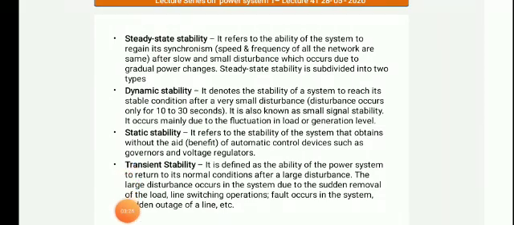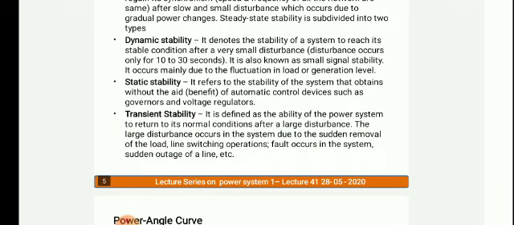Static stability is referred to that obtained without the benefit of automatic control devices such as governors or voltage regulators. The next category of stability is transient stability. It is defined as the ability of the power system to return to its normal conditions after a large disturbance.